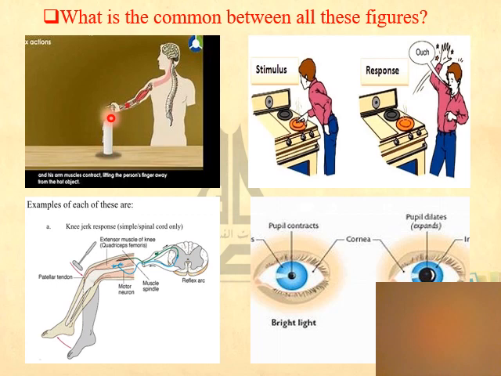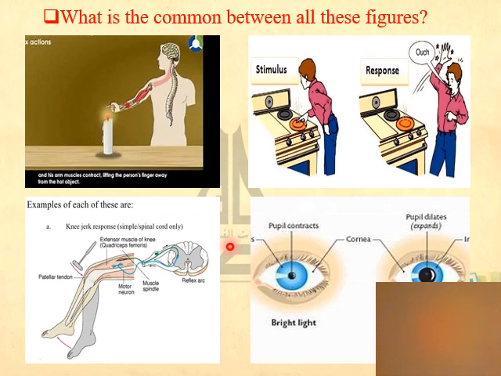Look here, once we feel heat, we pull the hand away, right? Here is the same. The hand is pulled away. And here is the same. Once the muscle of the knee received a stimulus, the leg raises up. And here, once there is a bright light, the pupil contracts and becomes smaller.